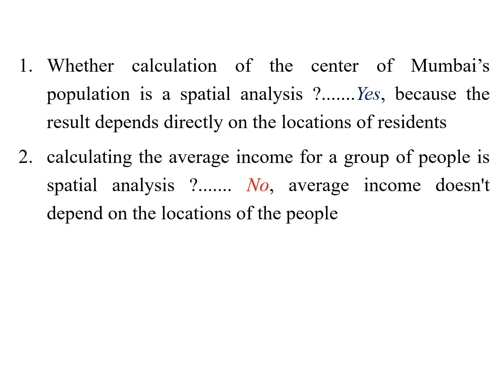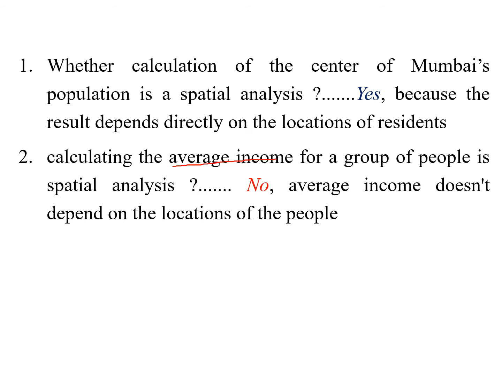To give the answer in another way, average income is not a term related to where the people are staying. It is a term related more to where they are working. Did you understand the meaning of this? The calculation of population is one thing, and the calculation of the average income of the same people is another question.